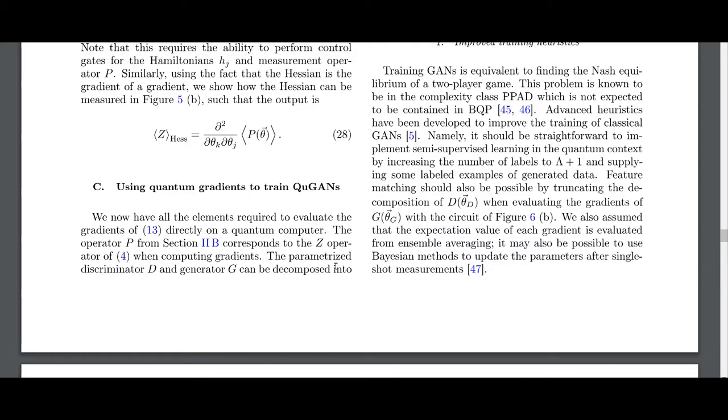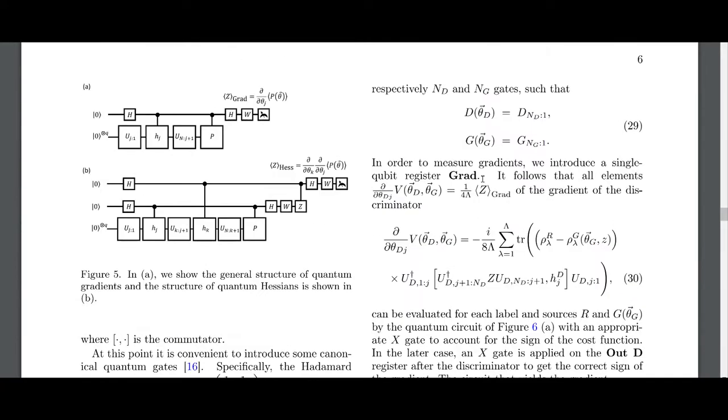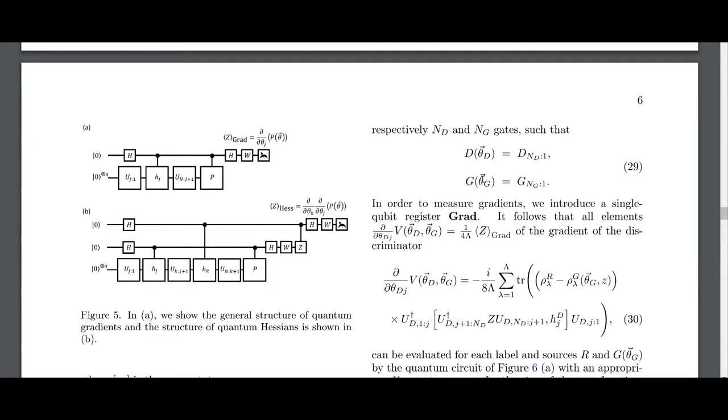The parameterized discriminator D and generator G can be decomposed, okay, into ND and NG gates such that, in order to measure gradients, we introduce a single qubit register grad. Okay, that makes sense. So this is what you're going to measure.